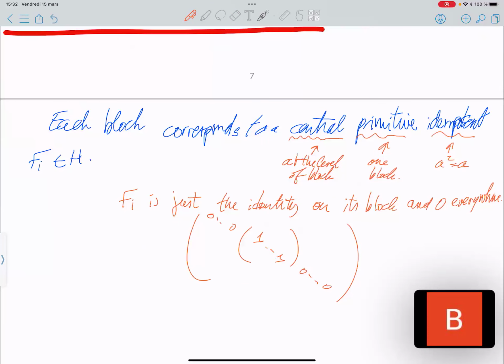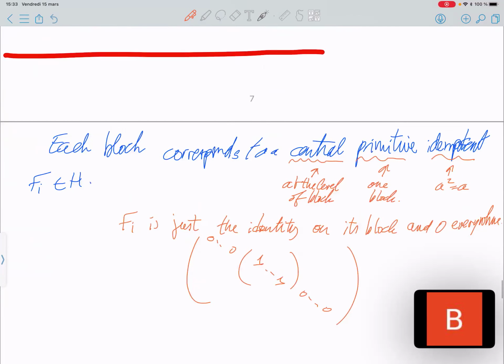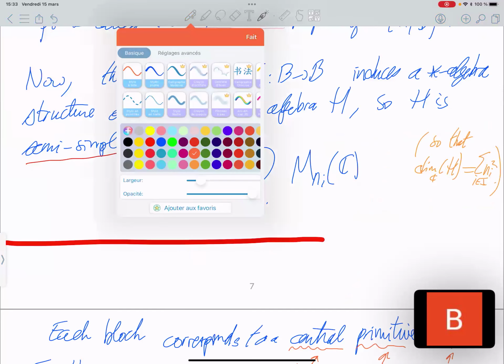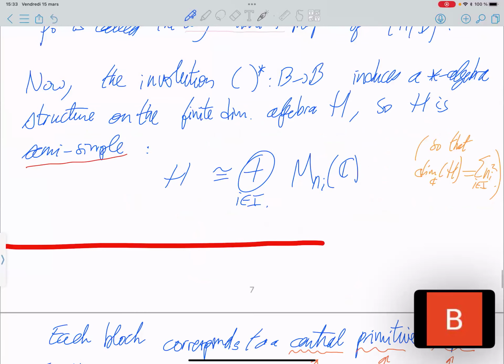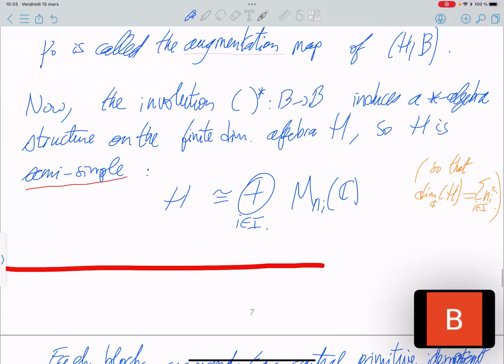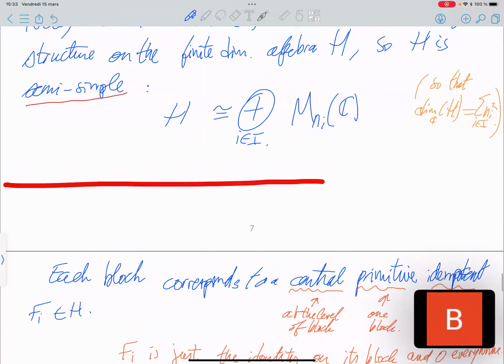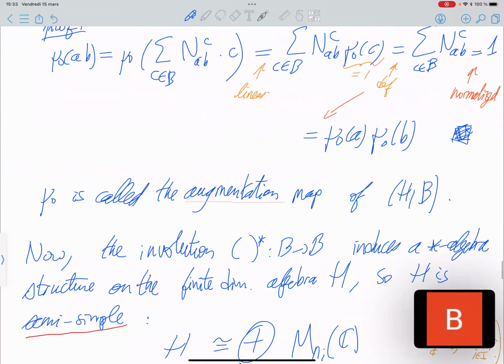Okay. So now, this is a very general statement about finite dimensional star algebra. So now let's come back to our hypergroup. We will consider, in fact, a normalized hypergroup because we will use this.